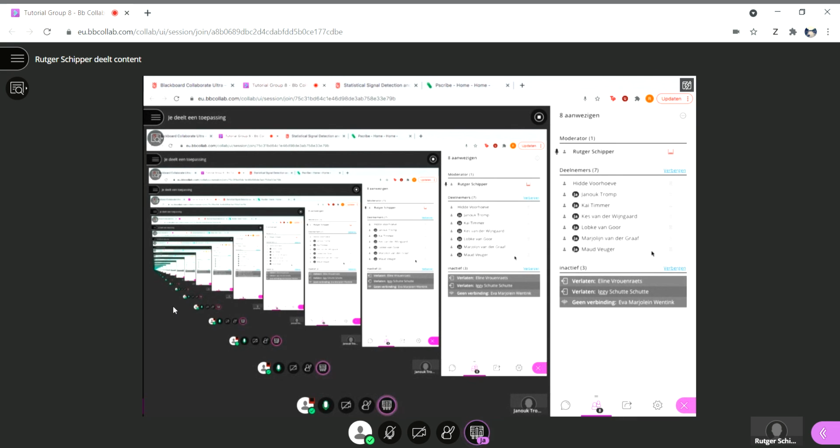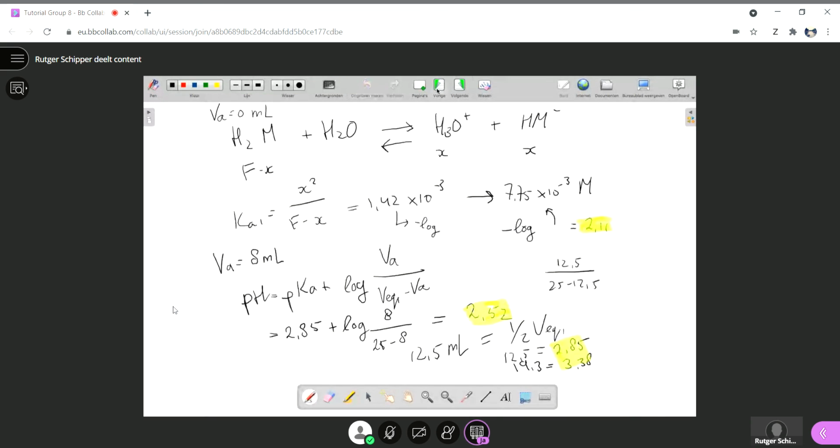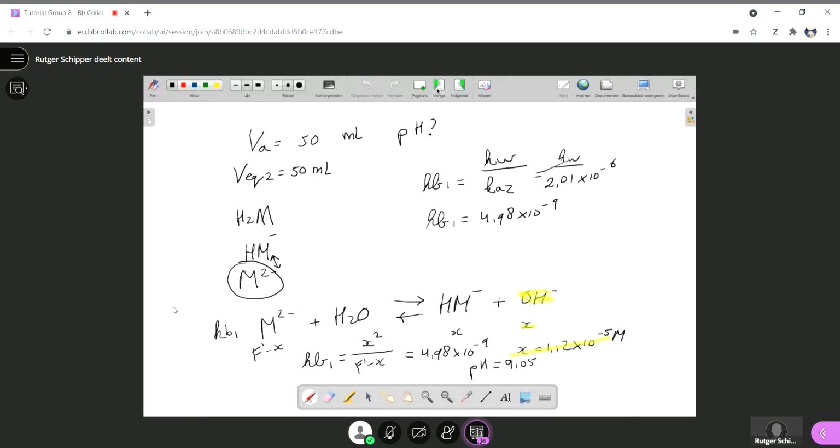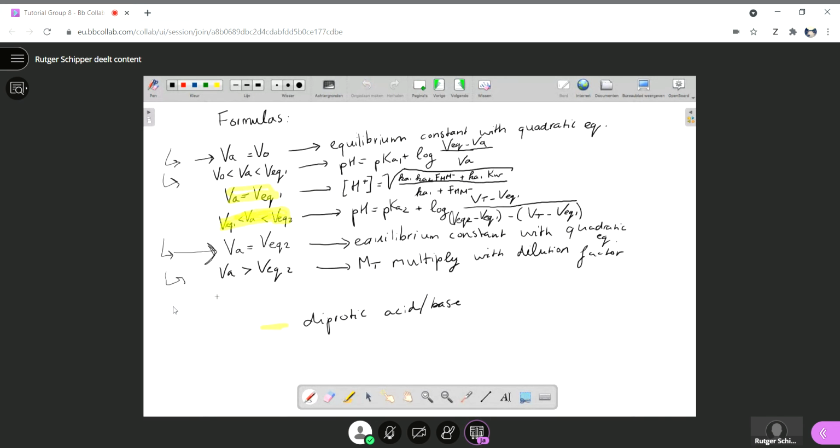So then you have to figure out, all right, let me get my formula sheet. Then you have to figure out which formula to use and which molecules are present at that point of the titration. So when the titration has not started, just the acid or the base constant with the quadratic equation. That depends on whether you are titrating with an acid or a base.